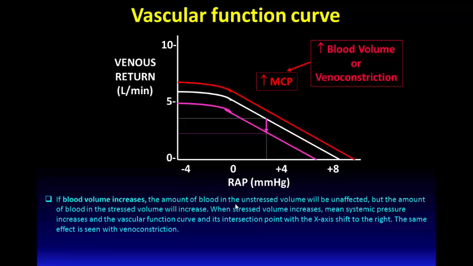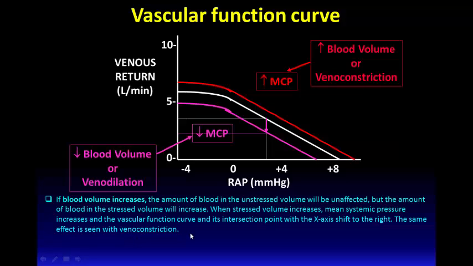And as we described earlier in the lecture, when the stressed volume increases, the mean systemic pressure, the mean circulatory pressure, increases, and hence the vascular function curve and its intersection point with the x-axis shift to the right. The same effect is seen with venoconstriction.